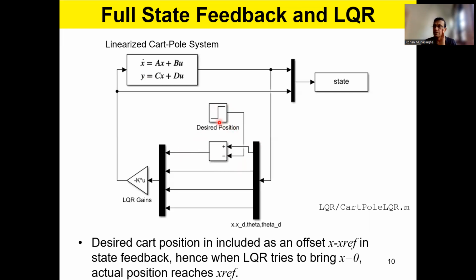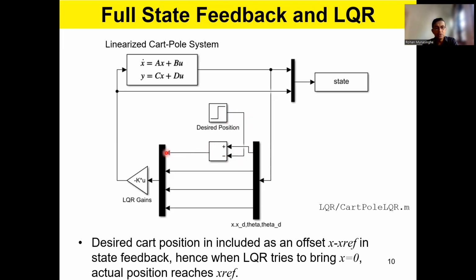Your desired position of the cart, let's say 0.5 meter positive or 0.5 meter negative, whatever it is, you put it over here as the desired position, and put this block with plus and minus. So when the feedback comes, the actual position goes to the positive terminal here, and your desired position goes to the negative terminal here.